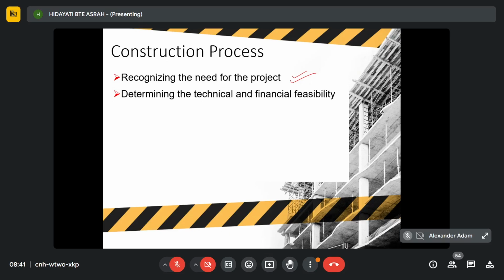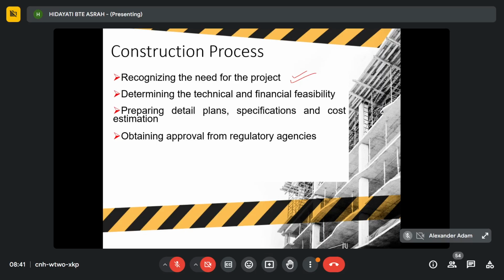Okay, after you do the feasibility study, the next process is you prepare the detailed plan, specification, and cost estimation. This is the third process. And then this is followed by obtaining approval from regulatory agencies, such as zoning regulation.